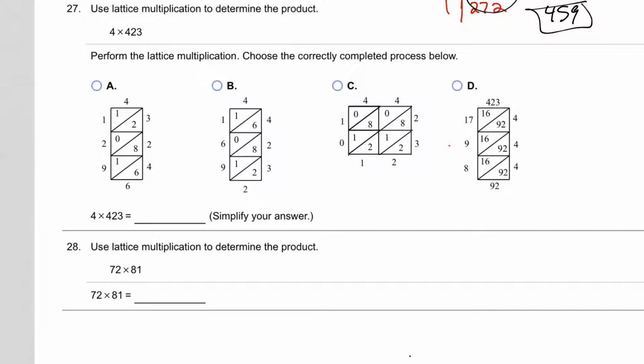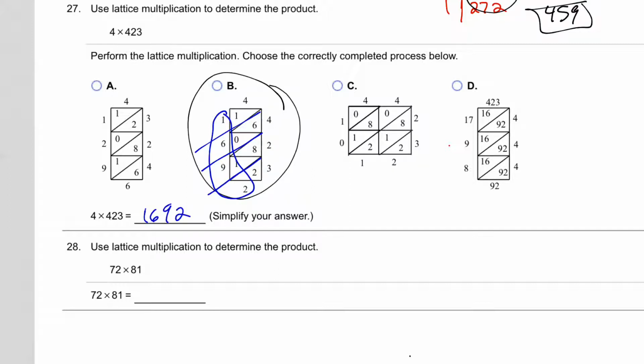In this case, they put the 4 on top and the bigger number on the right, which makes more of a column look, and that would be this one. 4 times 4 is 16, 4 times 2 is 8, 4 times 3 is 12, and then we add up, so the answer is 1692. Okay, so make sure you know how to do this for the test.